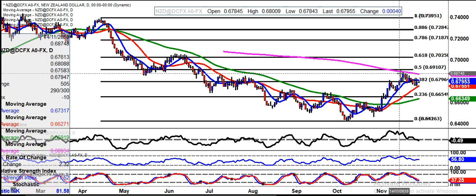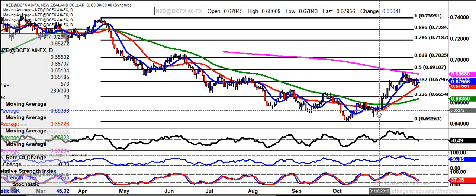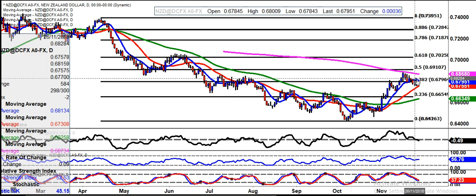There's the pole, imagine that's the pole. Up, down, up. This pole, down. Do we break that? No. Up. And we should take out that 200-day moving average and the 50% level and go towards the 61.8, which is at 70.25.